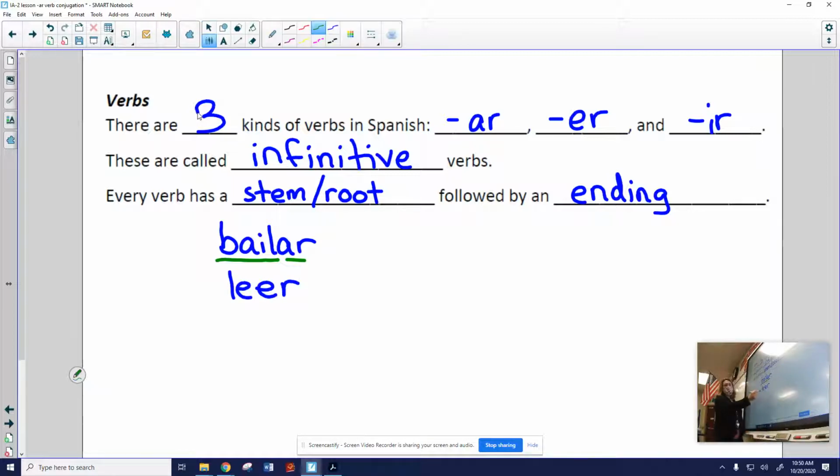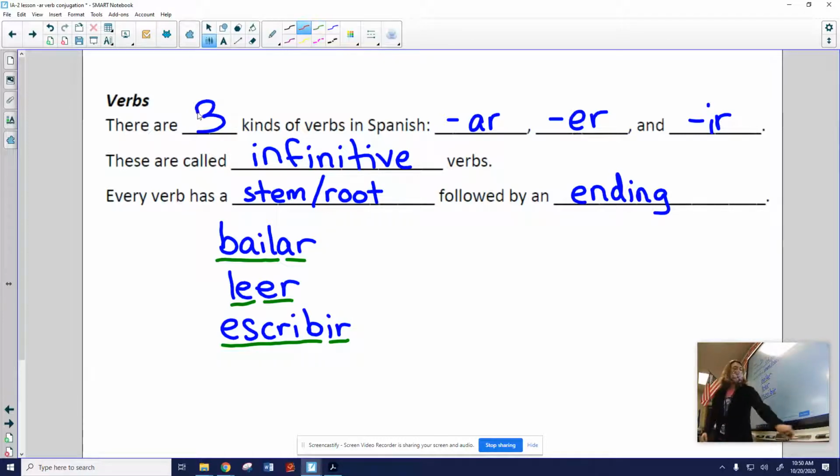The stem is le, and the ending is er. That's the infinitive ending. Another verb we might know is escribir. Does that sound familiar? To write, exactly. The stem is escrib. The ending is ir.